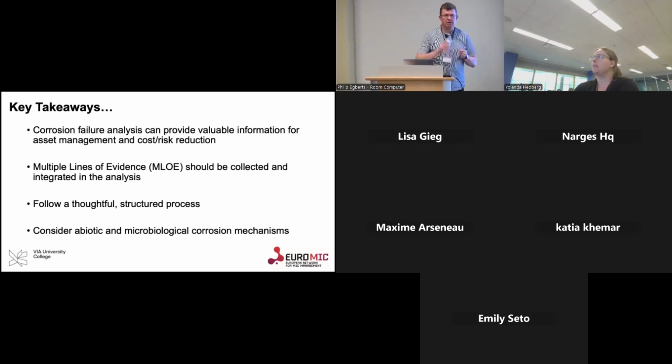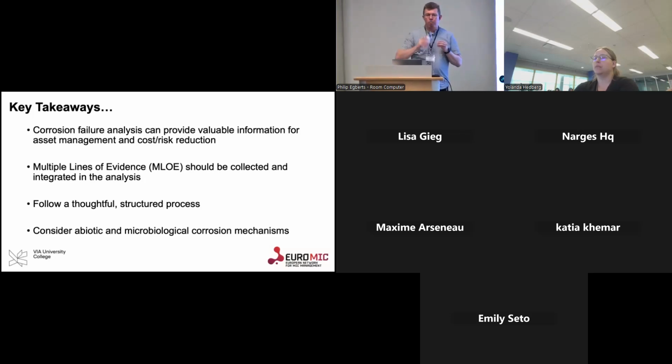Just like a general thought I had, because with piping you have long runs and you don't know exactly where the MIC is going to occur, but maybe you have a CFD model on that piping from when you designed it. Yep, that gives you information on where these dead legs might form. And then could you survey those areas with radiography or X-ray and see if this deposit is building?